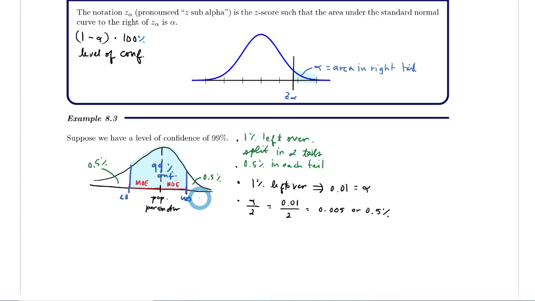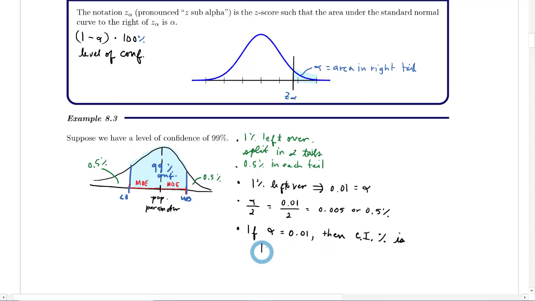If they give us alpha, then I'll just subtract it from 1 and then multiply it by 100 to get the confidence interval percentage. So this means that if alpha is given to be 0.01, then the confidence interval percentage is 1 minus 0.01 times 100%.